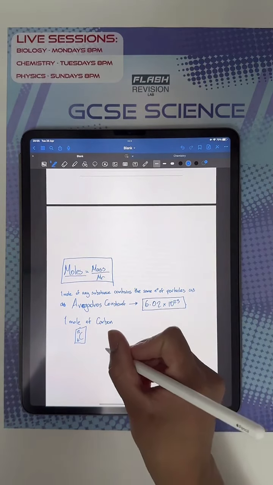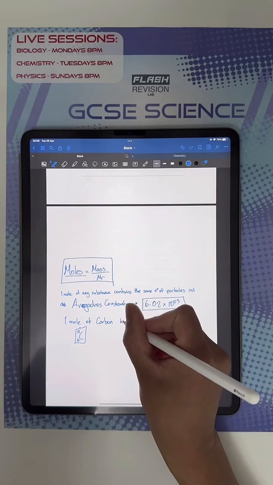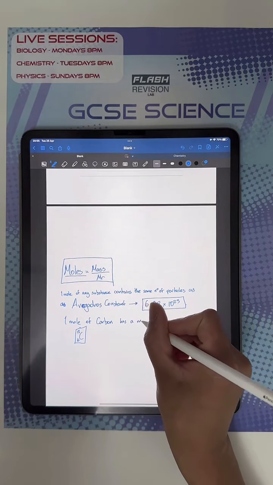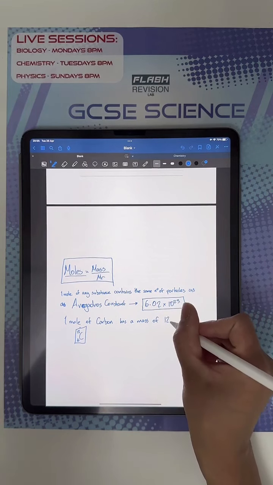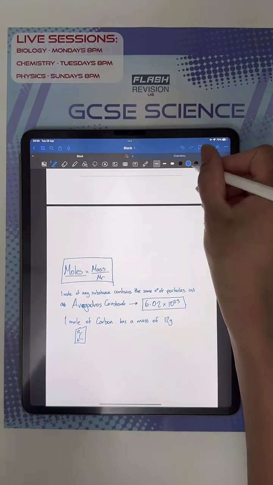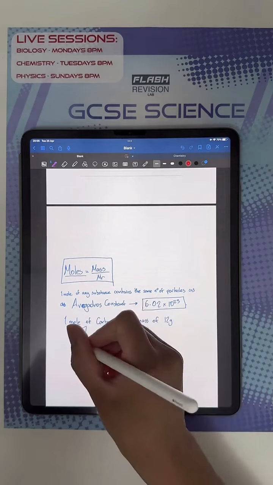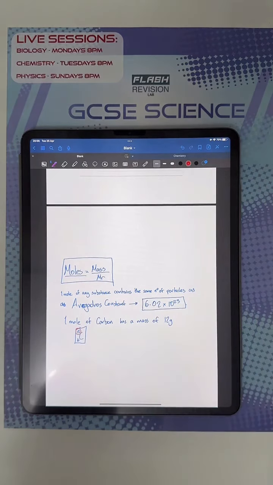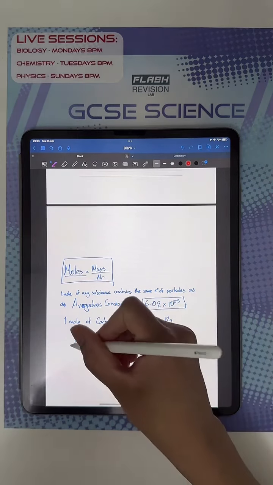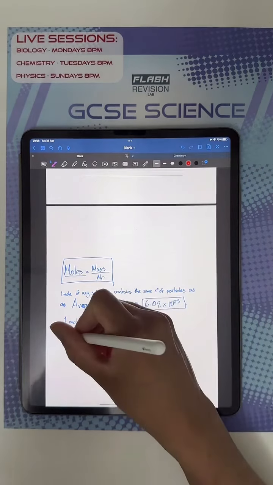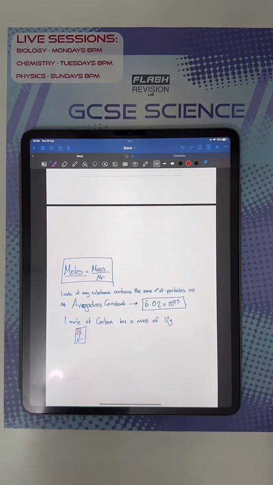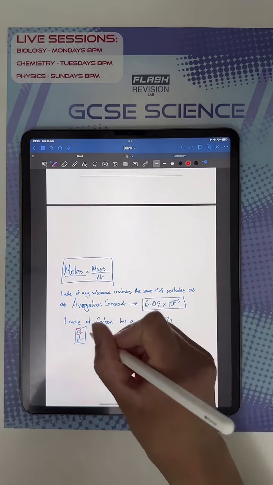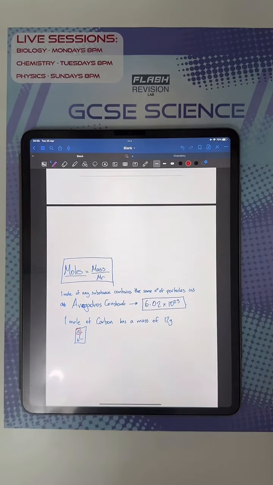So yeah, 1 mole of carbon has a mass of 12 grams, because there's a 12 there. So basically, the bottom number is the atomic number, the top number is the mass number. The 12, the bigger number, always is the mass of 1 mole of that substance.